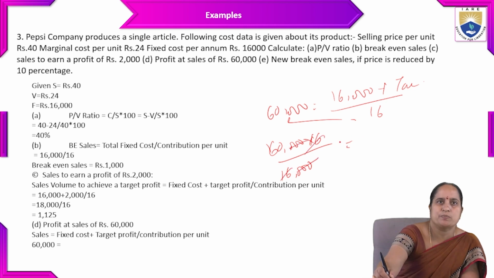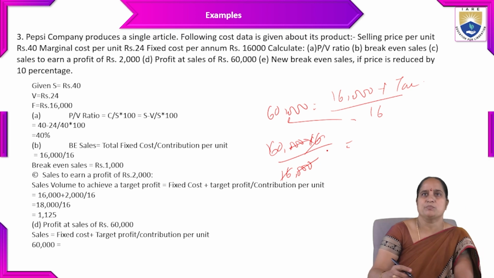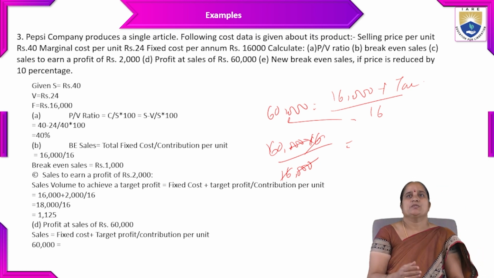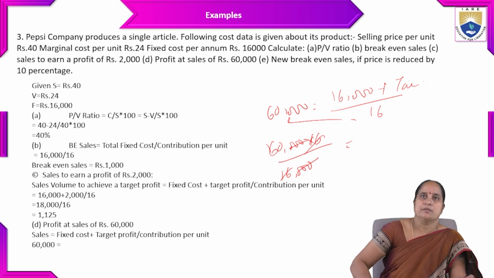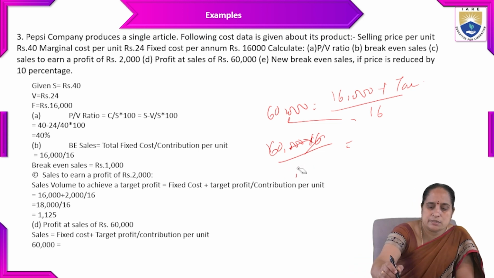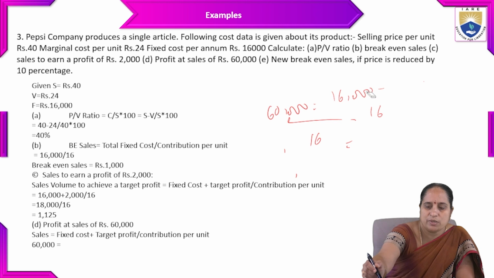Then how much profit the company is able to generate means approximately 60 rupees. So this is how we calculate the break-even sales and what will be the desired profit if the sales volume increases or decreases by 1% or 10%.